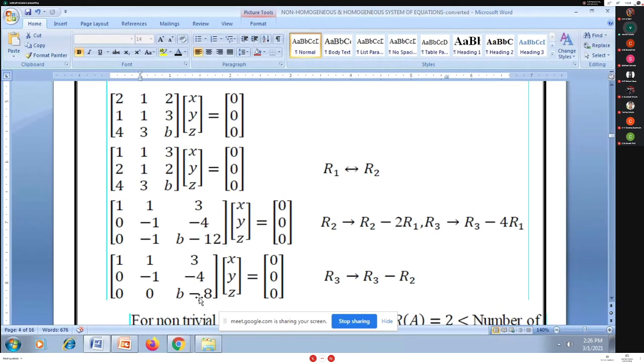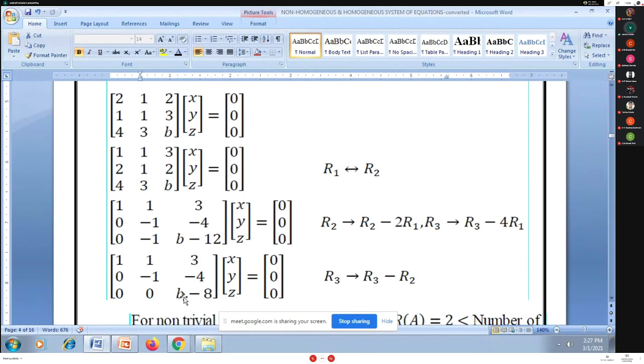Whenever I say B minus 8 is equal to 0, it means that my row 3 will be 0, because already I'm having 0, 0. So the third row is a zero row here.